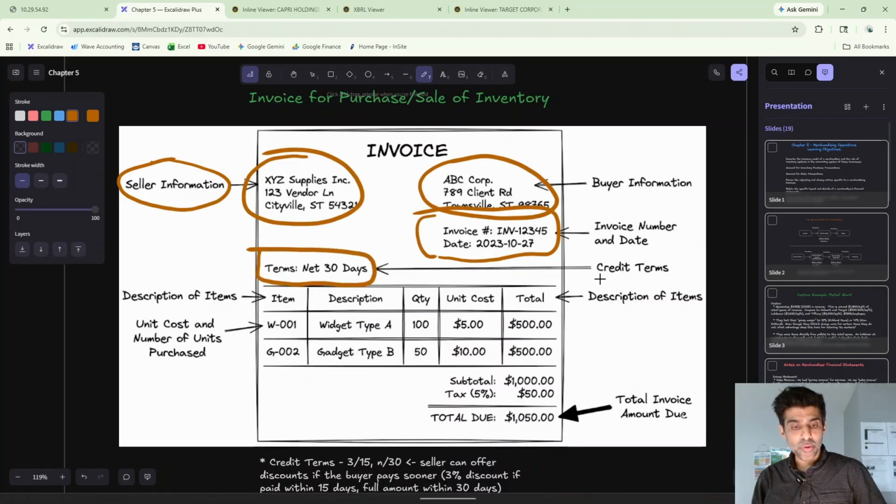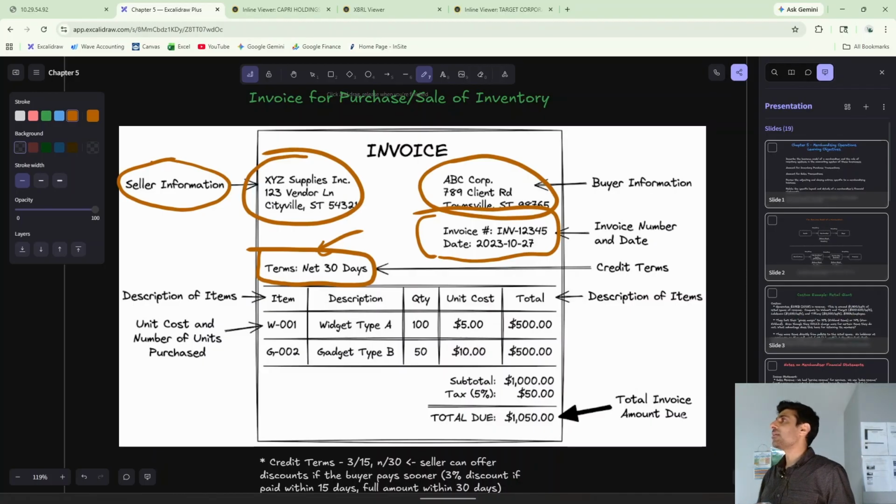This is what we call credit terms. This is going to specify within what period of time you are allowed to pay this off before the vendor is upset. Is the vendor wanting you to take your time to pay or to pay sooner? What's better for them? Sooner, right? Because they've got expenses to pay.